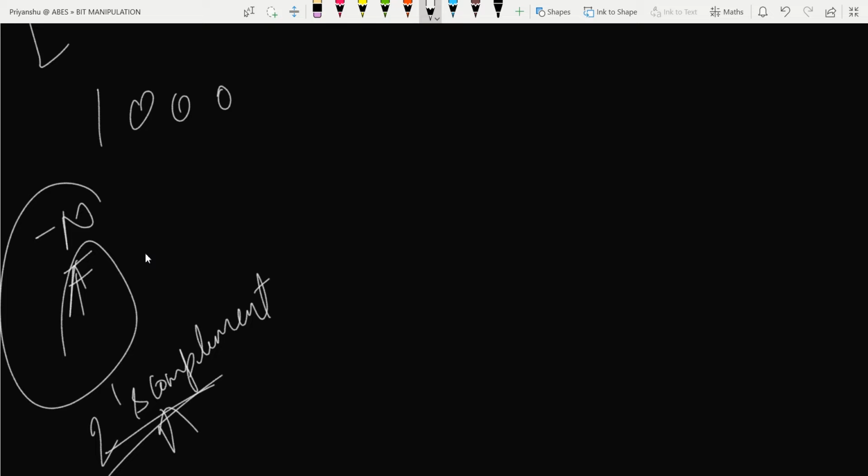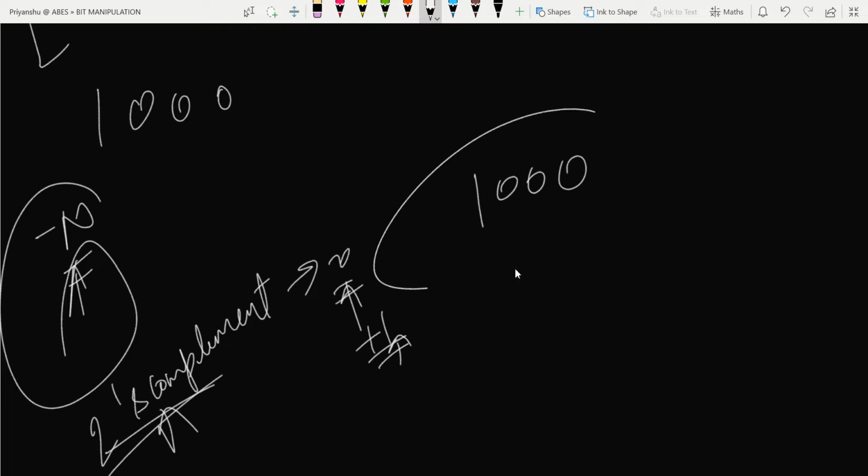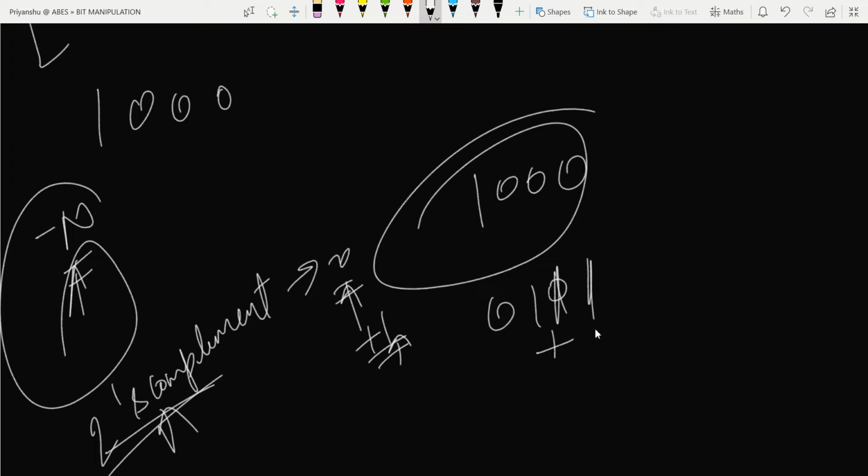What we'll do first is take the negation, and second, add one. So we have this one. We take just the negation of it, so the bits would be this, and add one to it.